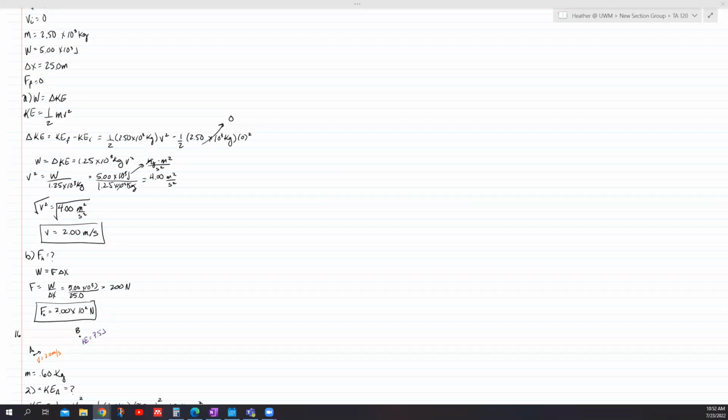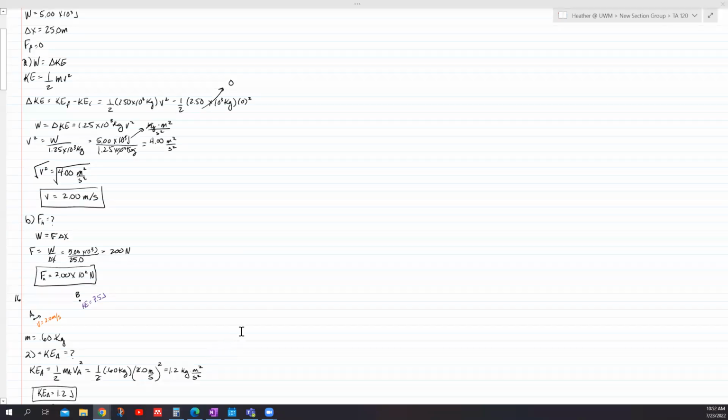And now we want to know the horizontal force exerted on the car. So again, we write down what we're looking for. We're looking for the horizontal force. We already have all of the knowns written up on top. We are going to write down equations that we know, and we know that work equals force times the distance the car traveled.